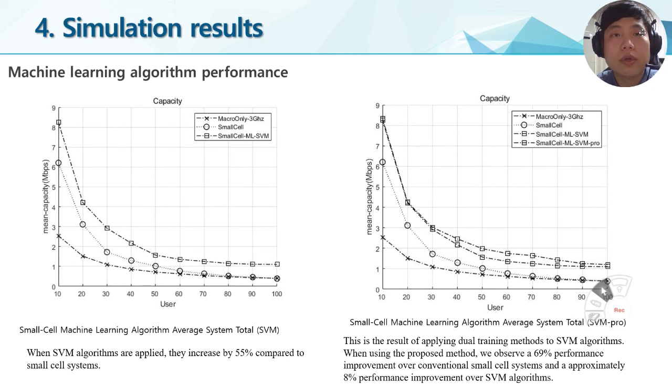The graph on the right is the result of applying the double training method, as previously described, to the SVM algorithm that exhibited high accuracy and performance among the 5G small cell machine learning algorithms. When using the proposed method, we observed a 69% performance improvement over conventional small cell systems and approximately 8% improvement over the SVM algorithm.